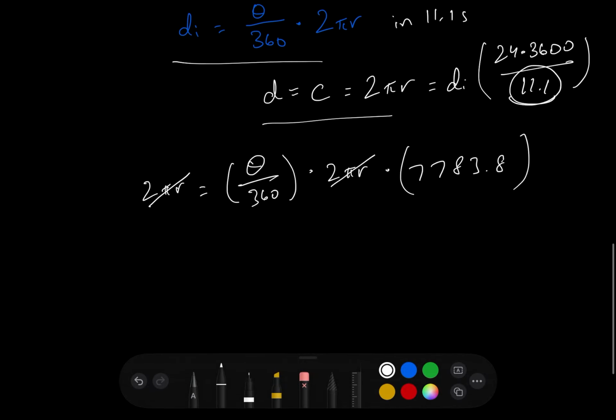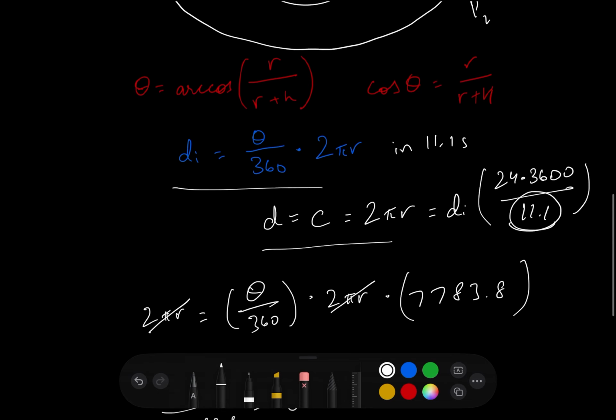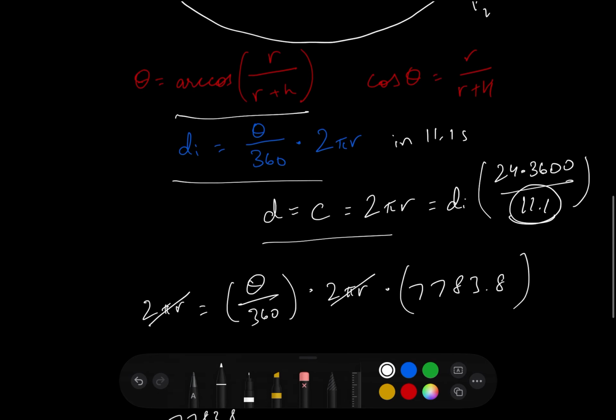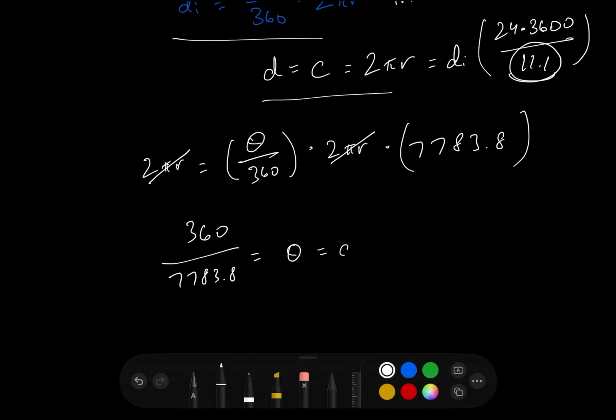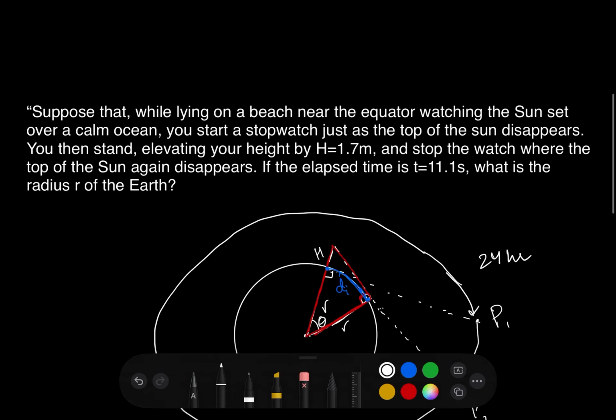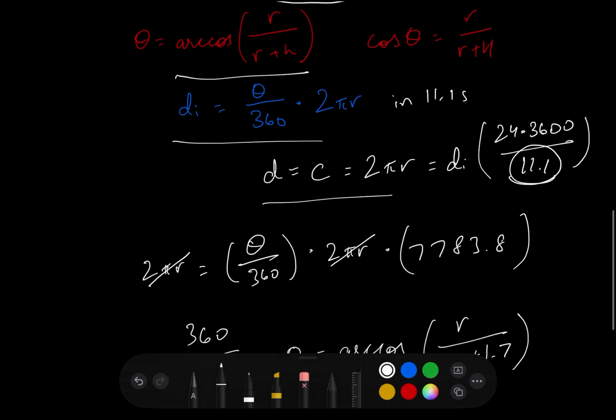So 360 by 7783.8 is equal to theta, which is just arc cos of r by r plus h, or r plus 1.7, because h is 1.7.